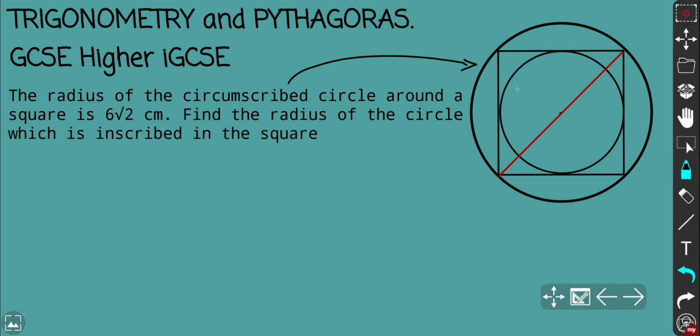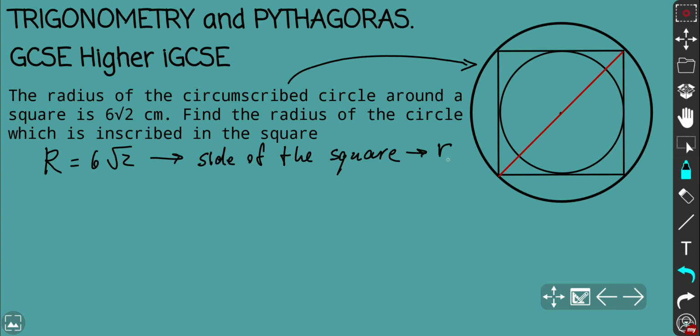So what I'm going to do is, from the radius of the circumscribed circle, which is 6 square root of 2, come to basically the side of the square and then come to the radius of the inner circle. So that in this case it's inscribed. All right, and which way can we do this?